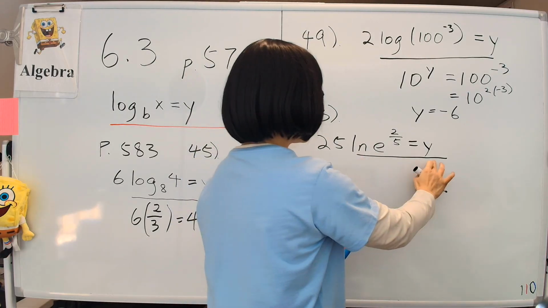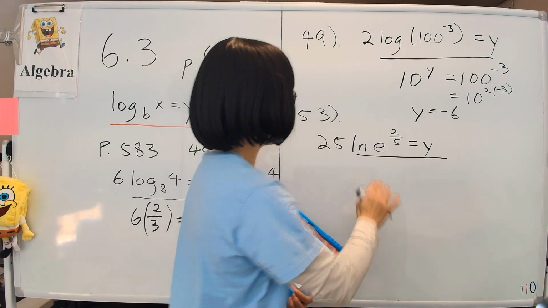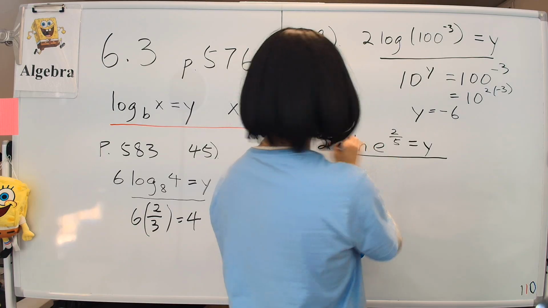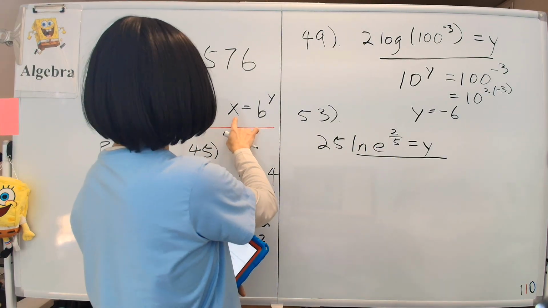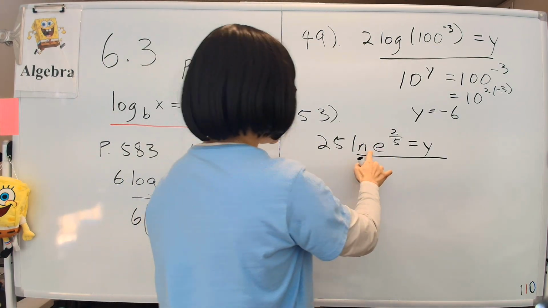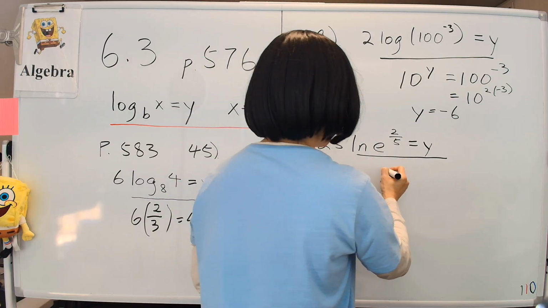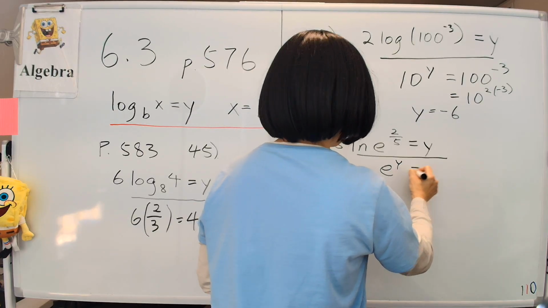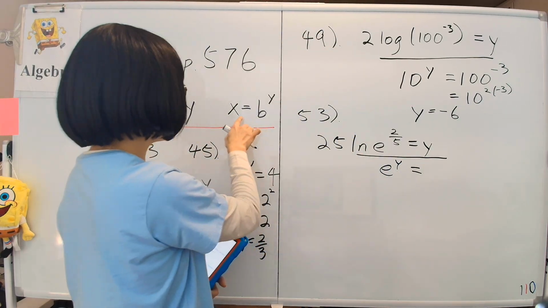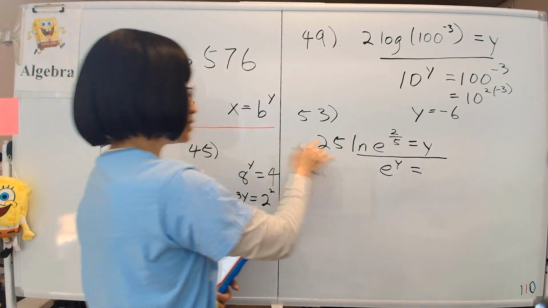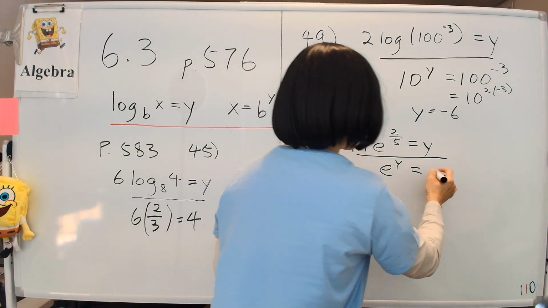So if just this part equals y, then that means by this definition, the base, which is e, okay, e to the power y is equal to what's inside the log. What's inside is e to the power 2/5.